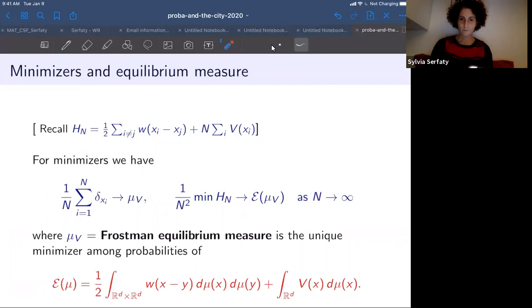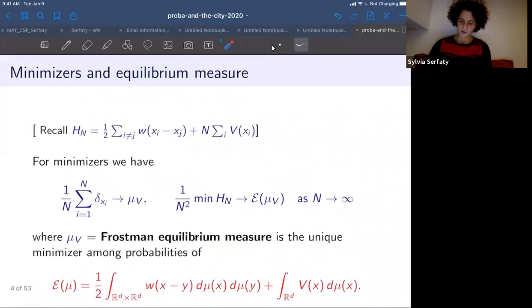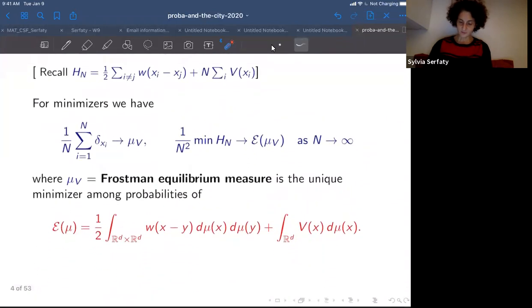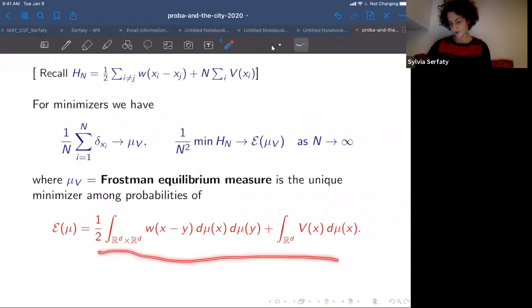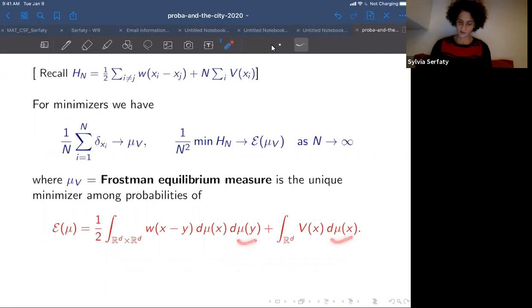No. Okay, so there is a well-known object in this context, which is called the equilibrium measure, which naturally arises when you take the limit as n goes to infinity. So recall that's the energy. So you want to consider a sort of continuum version of the energy here, where now you're integrating against probability densities.